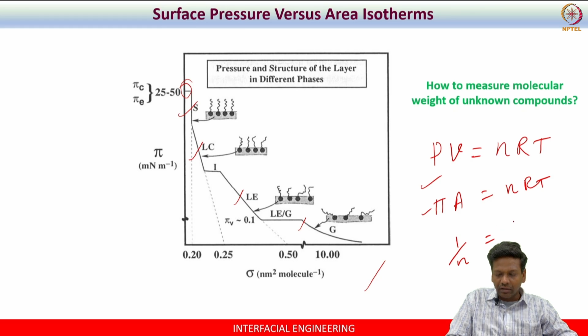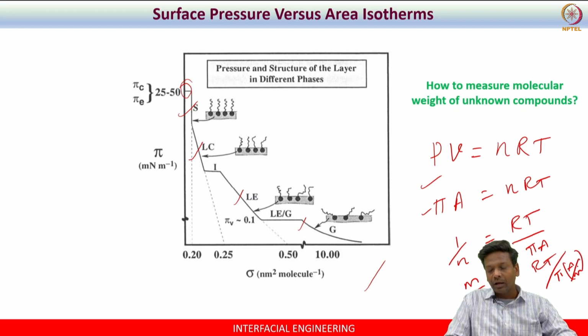You can also obtain 1 by n as RT by pi A, or m by n as mRT by pi A, or you can also say m by n as RT by pi A by m. So this is nothing but area per mass, per gram of the molecule that you have spread at the interface.